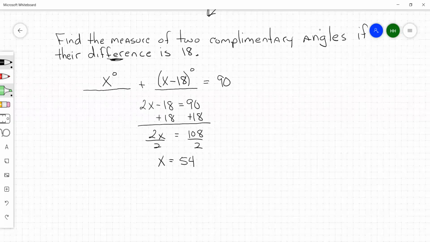So there's one of the angles, right? And then the other angle is going to be 54 minus 18, which is 36. So 54 and 36 degrees.